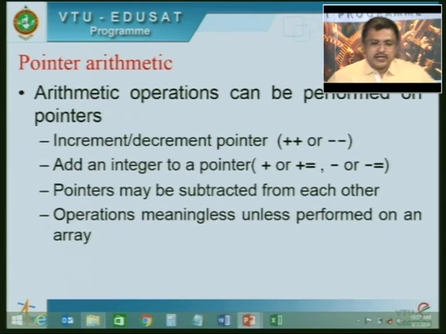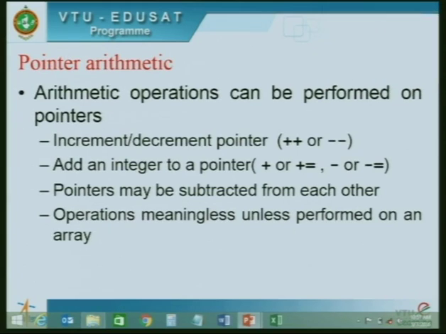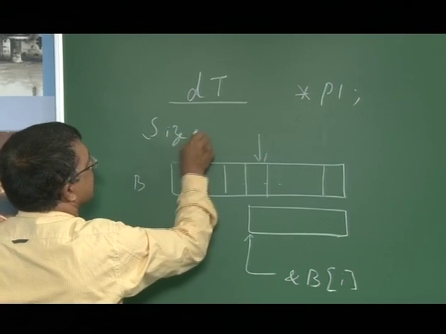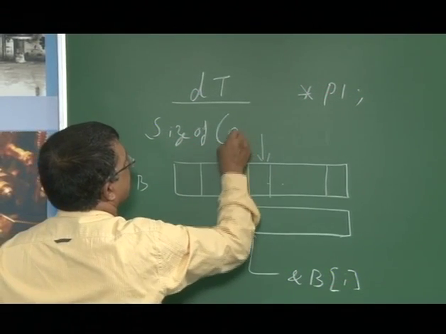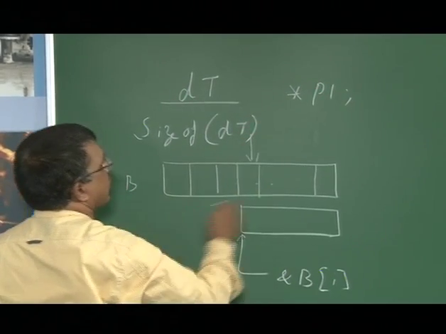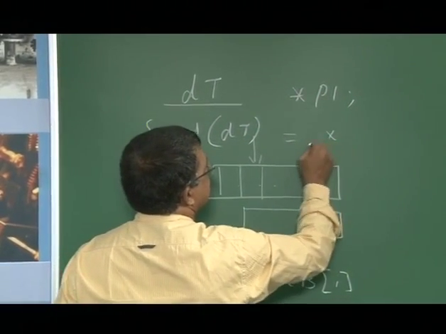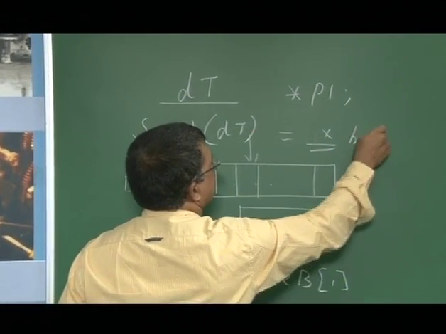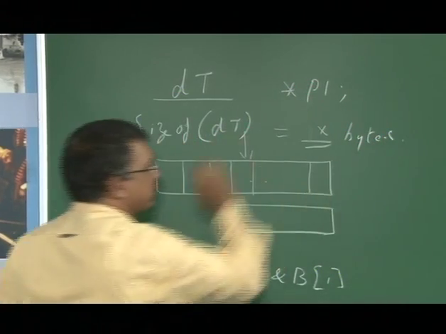Let us quickly see now. We know there is a data type pointed to by a pointer, let us call it P1. Then you have the function sizeof(data type), which will generally be some x bytes. Remember that.